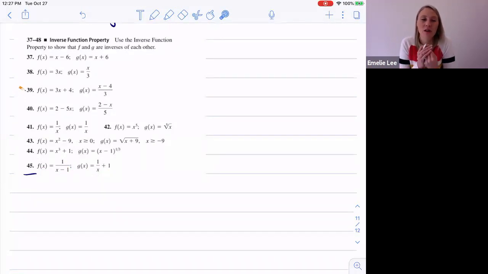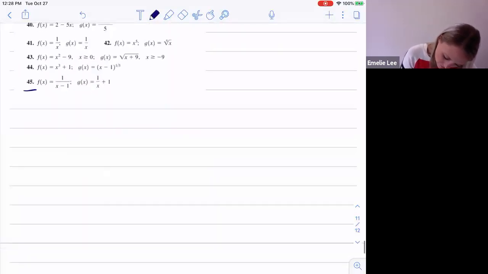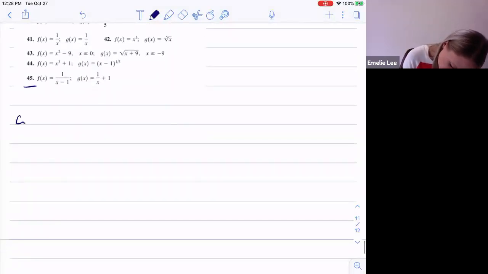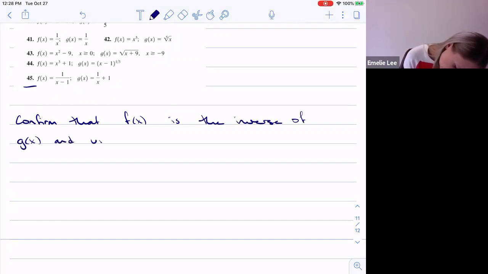So we're starting small. They're being handed to us, and then we're going to make sure that these are the inverses. So confirm that f of x is the inverse of g of x and vice versa.